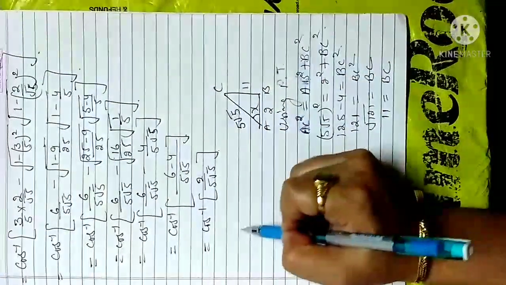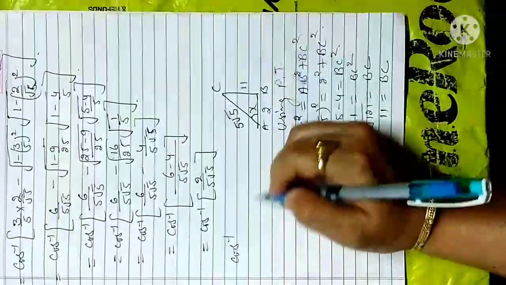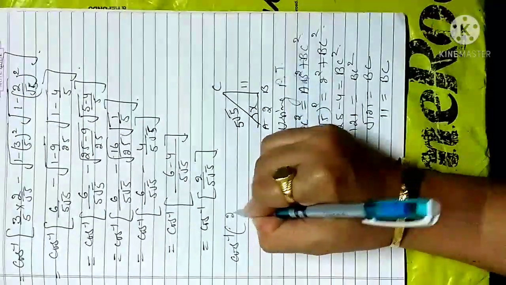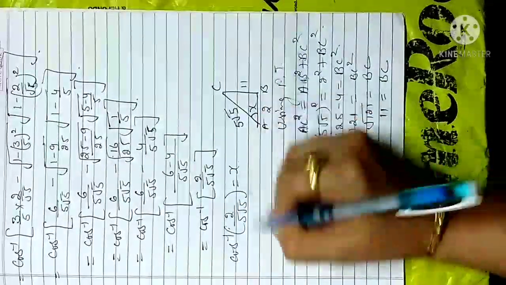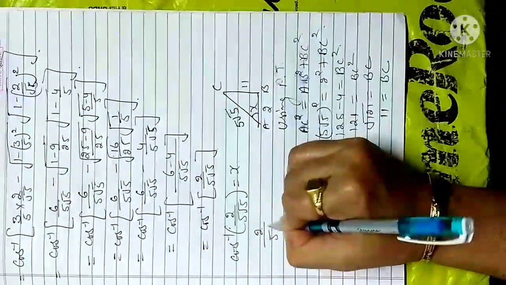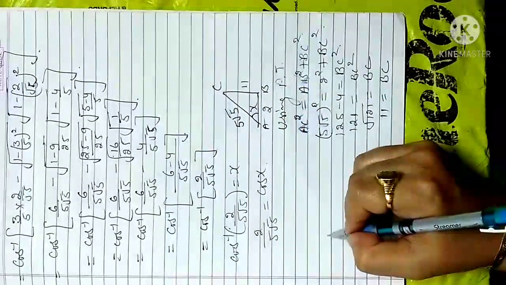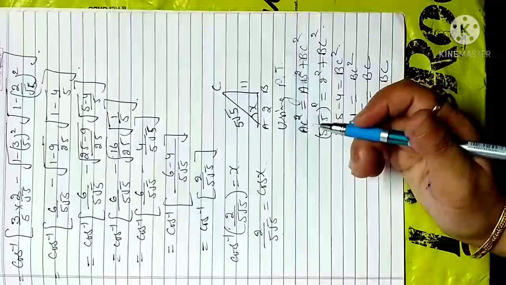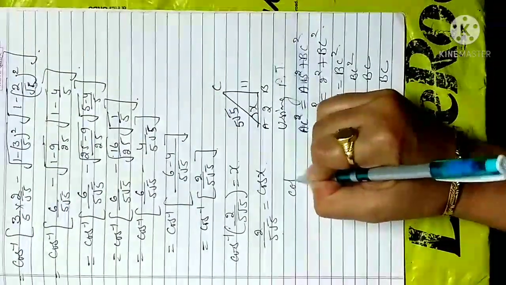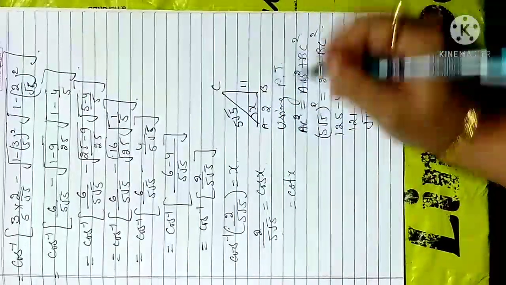Then if we consider this as cos inverse 2 by 5 root 5 is equal to x, 2 by 5 root 5 is equal to cos x. Okay, so that becomes base upon hypotenuse. So now you have to go with the cot x. So cot x is equal to base upon perpendicular.